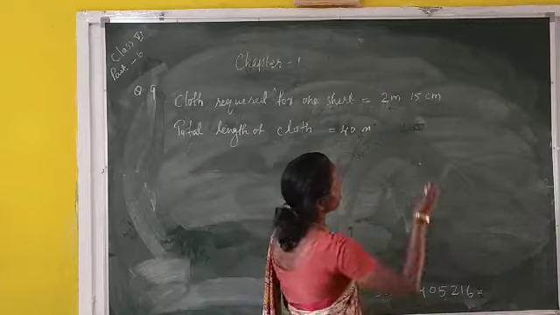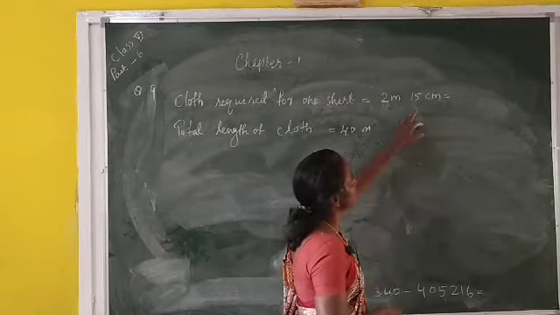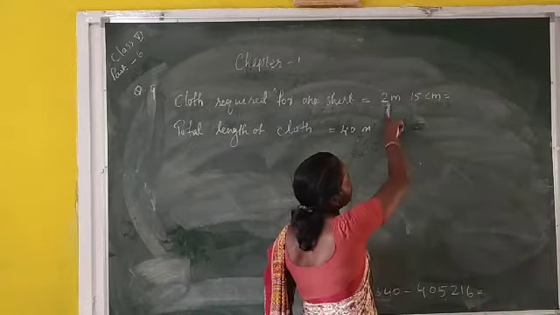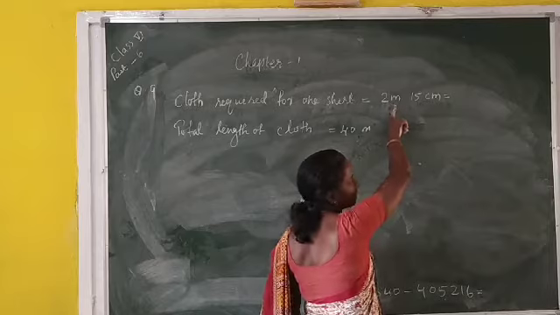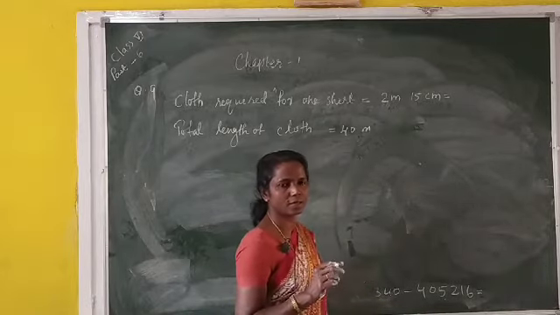Look here, how to convert this 2 meter 50 centimeter into centimeter. Look here, 2 meter means how many centimeter? We know 1 meter is equal to how many centimeter? 100 centimeter.